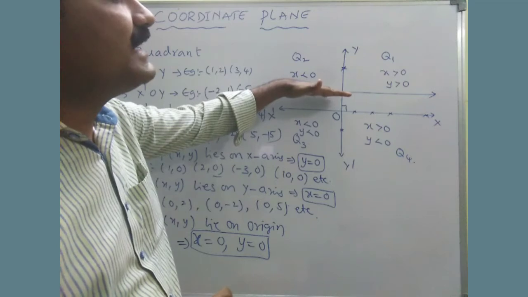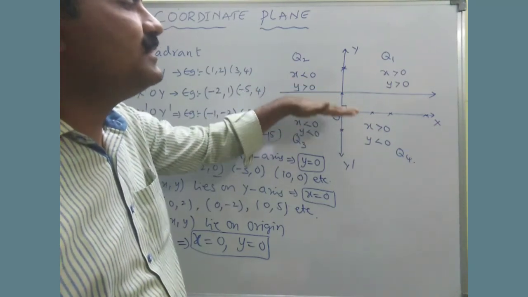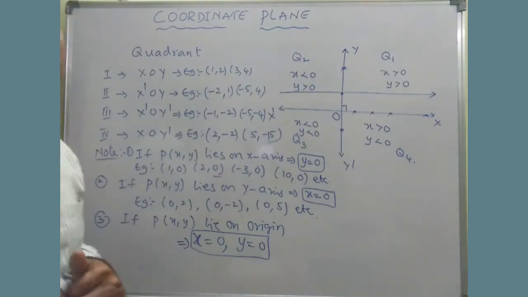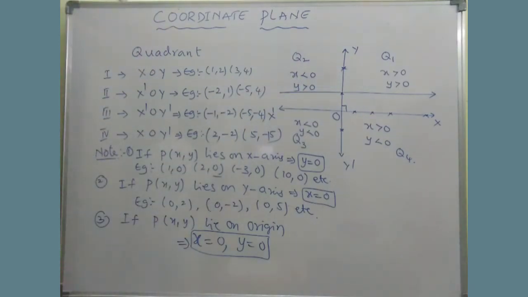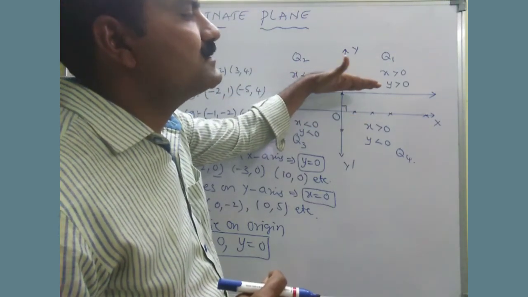We call this line a line parallel to the x-axis, or simply a horizontal line. Then children, on a horizontal line, the y coordinates of all the points are same.